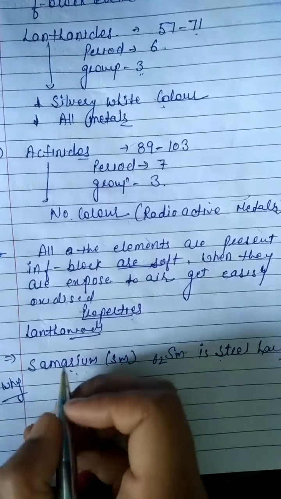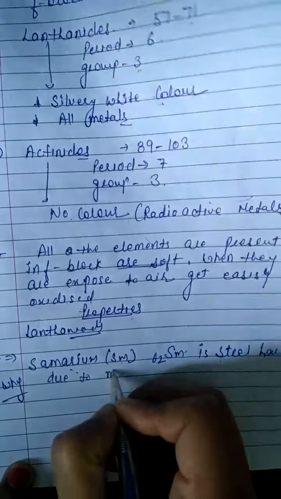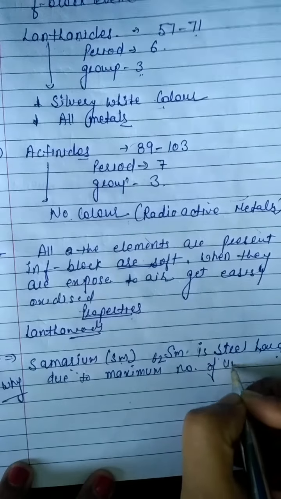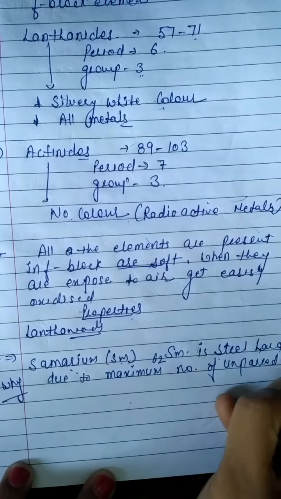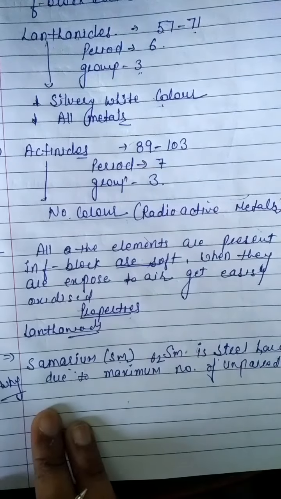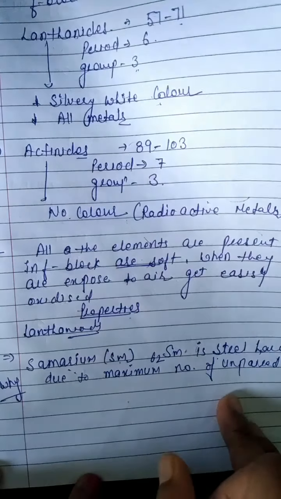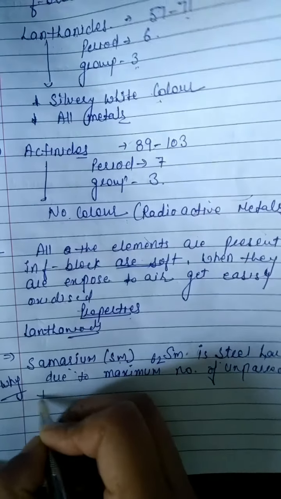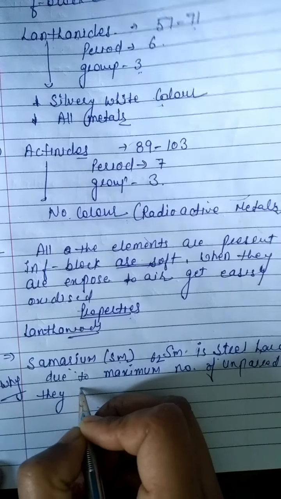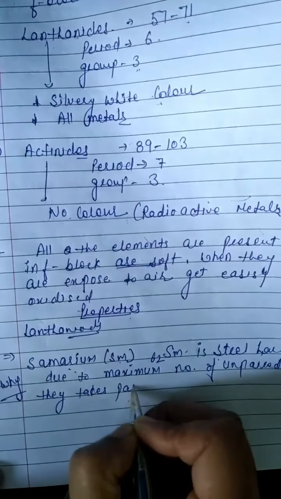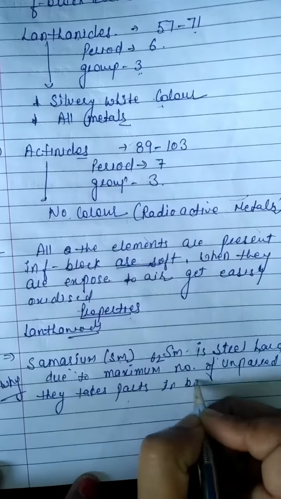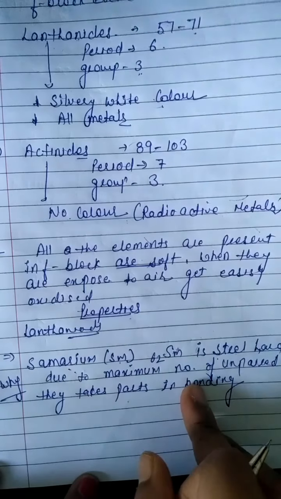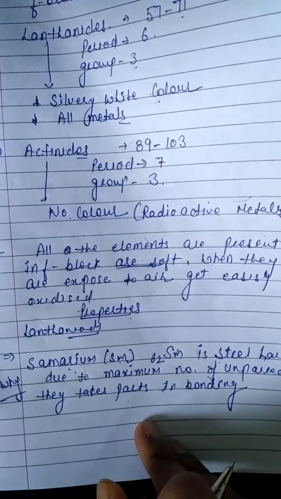What is the reason behind it? Why is samarium steel hard? That is due to the maximum number of unpaired electrons. In samarium, the maximum number of unpaired electrons is present, so they take part in bonding.